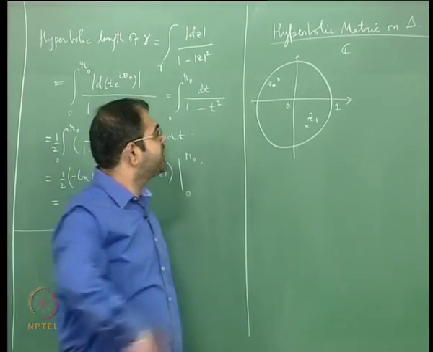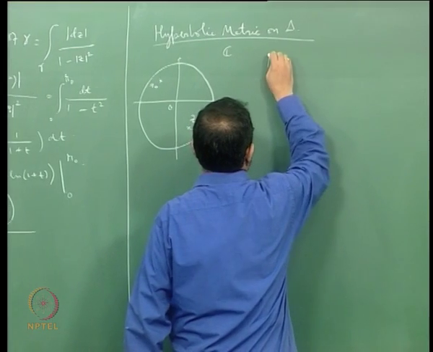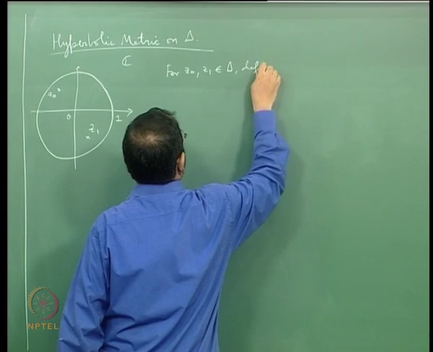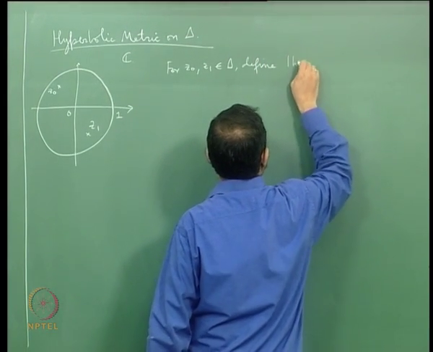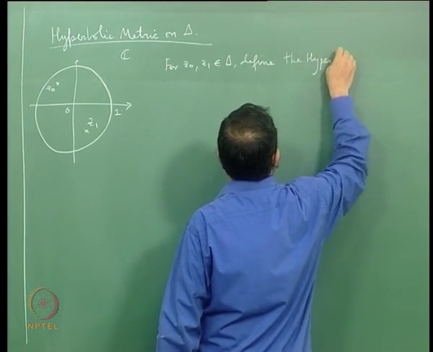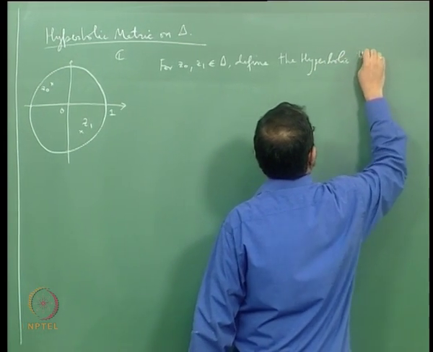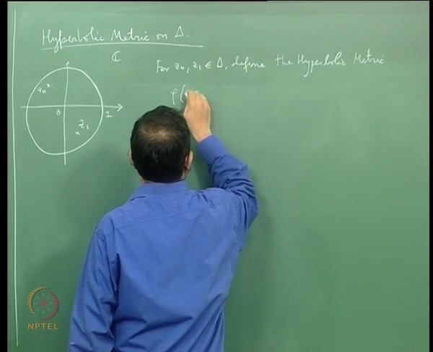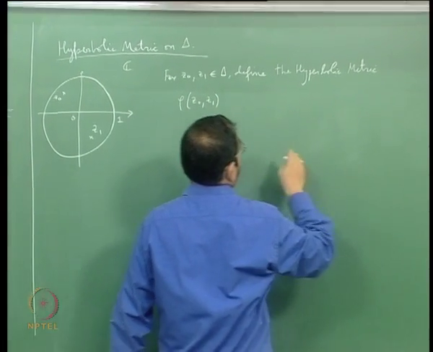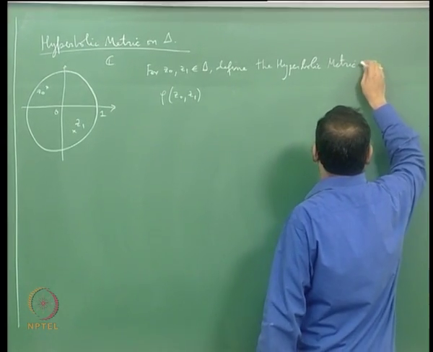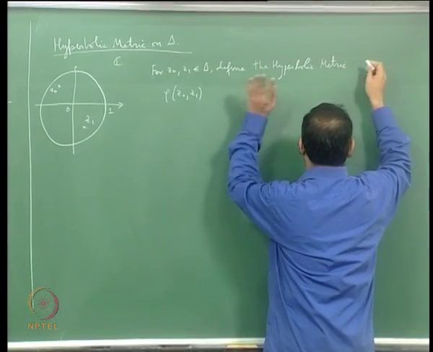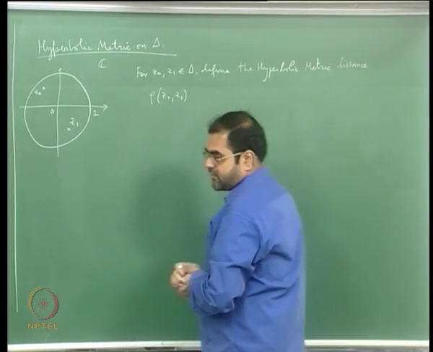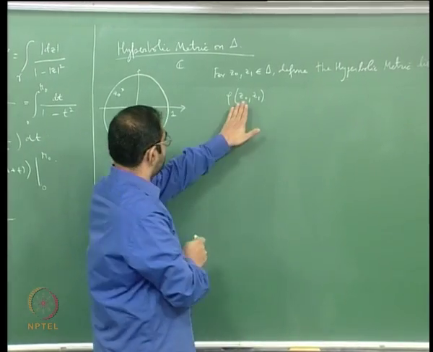Take 2 points z0, z1 in the unit disk Delta, and define the hyperbolic metric, or hyperbolic distance function, the distance from z0 to z1.